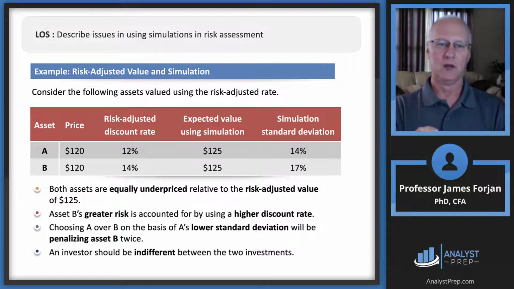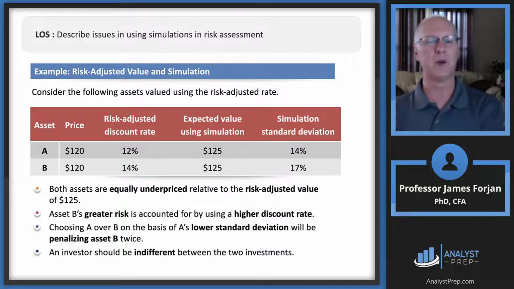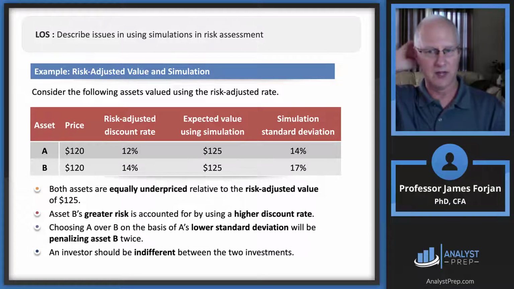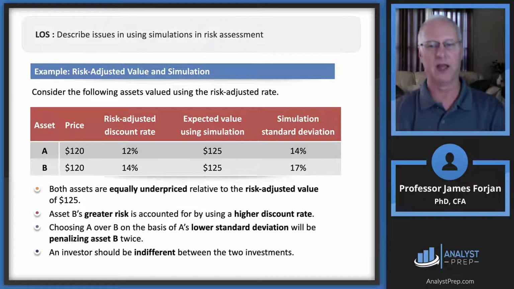But for A, we use a risk-adjusted discount rate of 12, and for B, we use a 14. And then skip over to the right-hand column. The standard deviation is 14% for A and 17% for B.